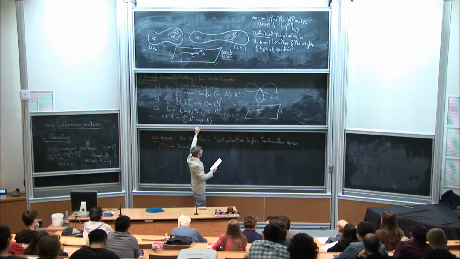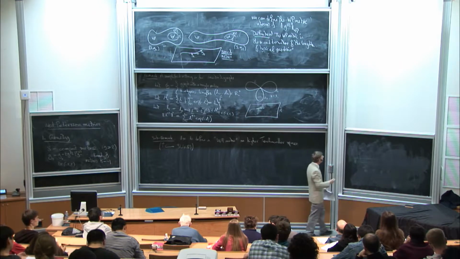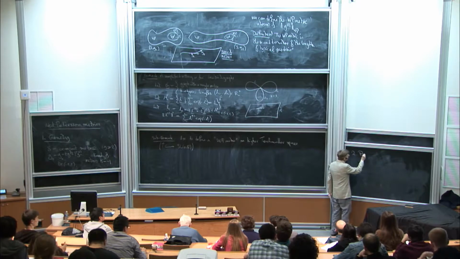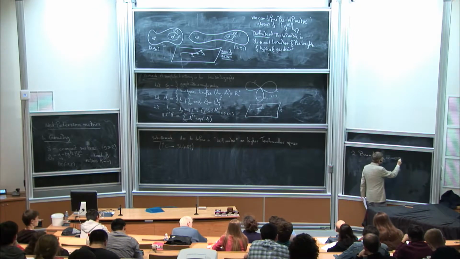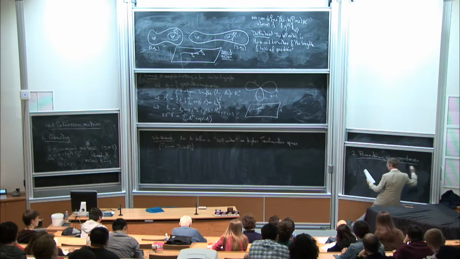Okay, so what I want to talk about is something a bit more dynamical than this even, which is I want to talk about boundary correspondences. And how does that go?